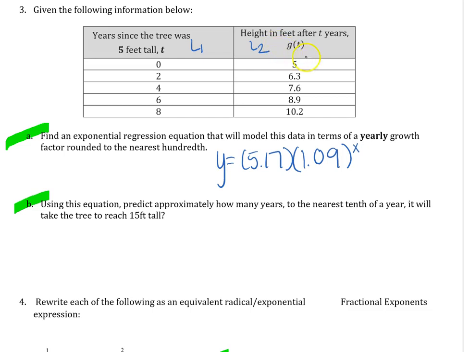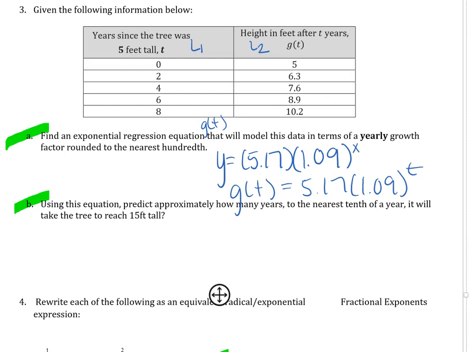Okay, let's just say for fun, if they had in here, write an exponential equation for g of t, because that's technically what they're calling their y's, you would write it like this. This would be g of t, this would be t. Using this equation, predict approximately how many years to the nearest tenth of a year it will take for the tree to reach 15 feet.